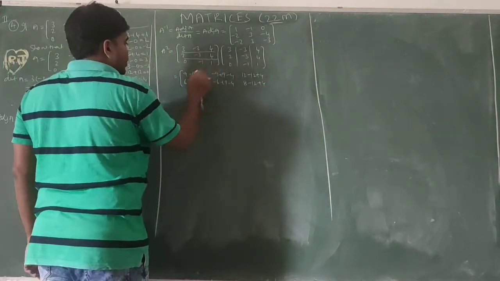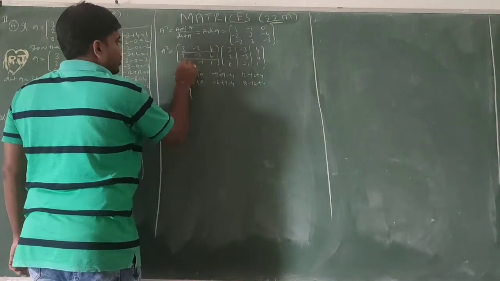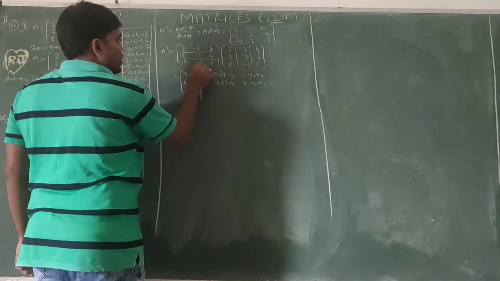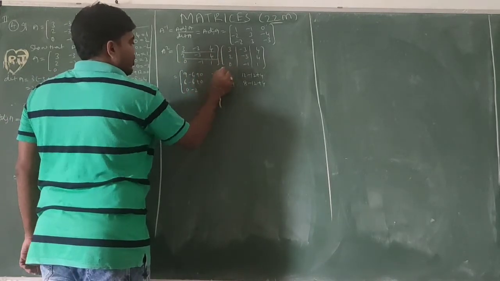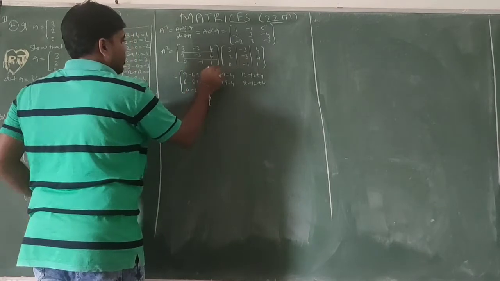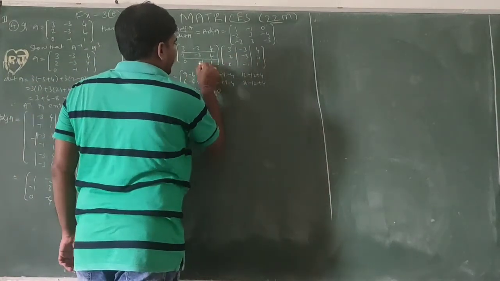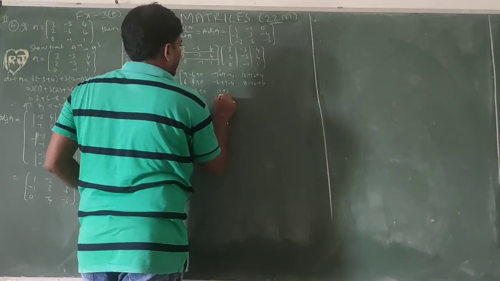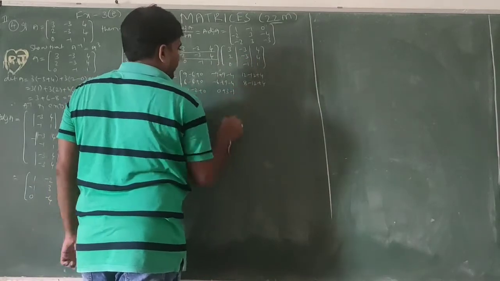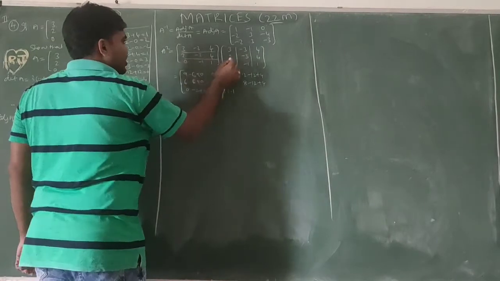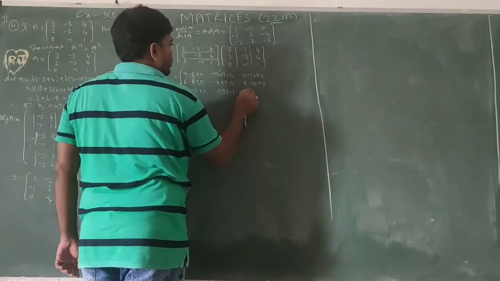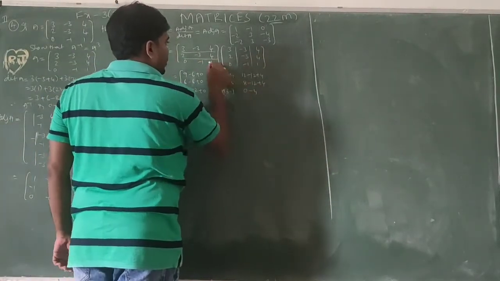Next, third row: 0 into 3 is 0, -1 into 2 is -2, 1 into 0 is 0. Third row second column: 0 into -3 is 0, -1 into -3 is plus 3, 1 into -1 is -1. Third row third column: 0 into 4 is 0, -1 into 4 is -4, 1 into 1 is 1.